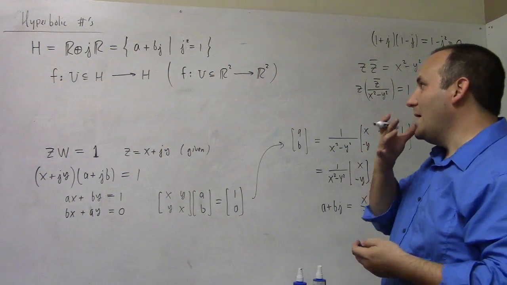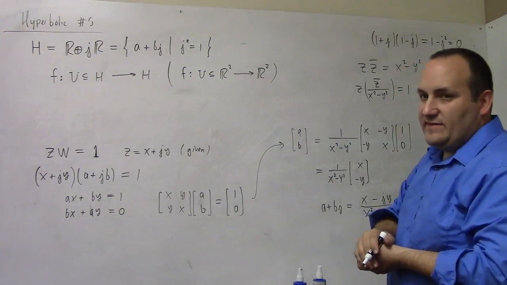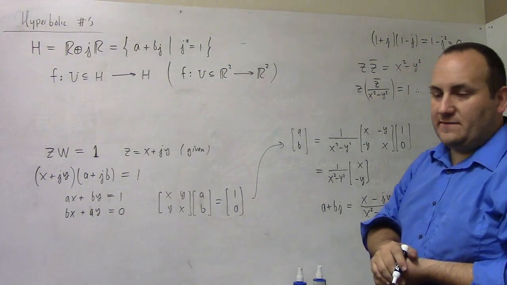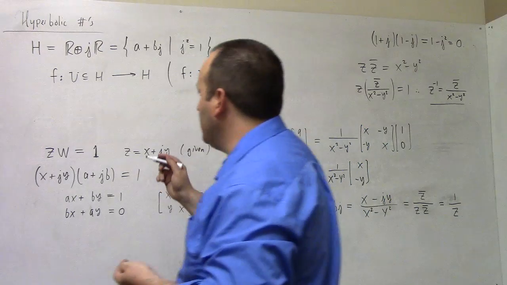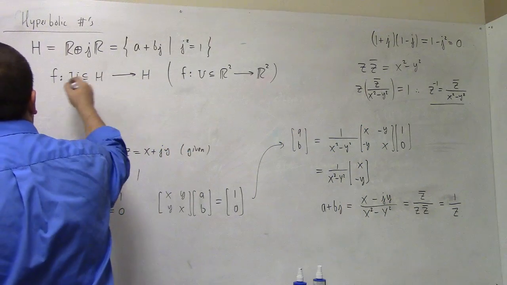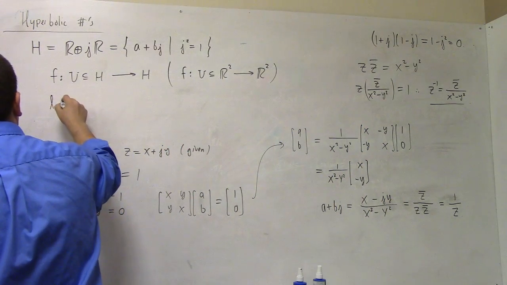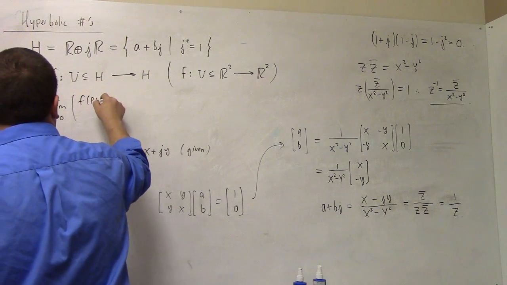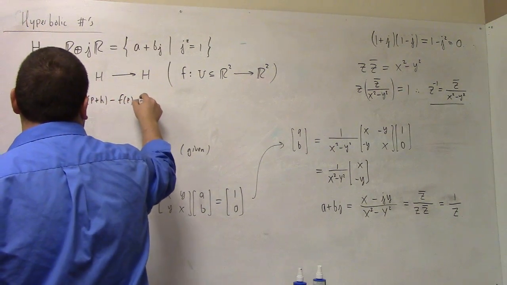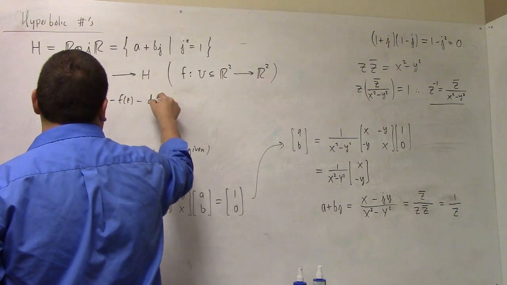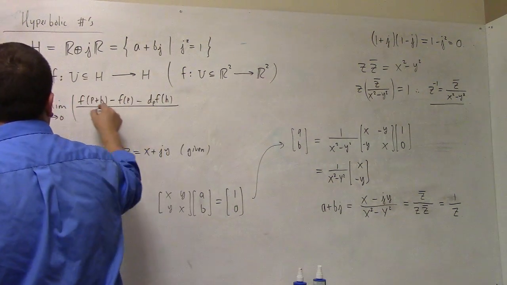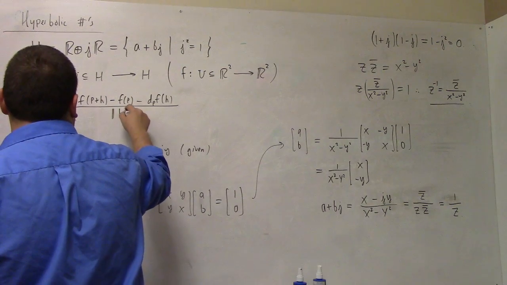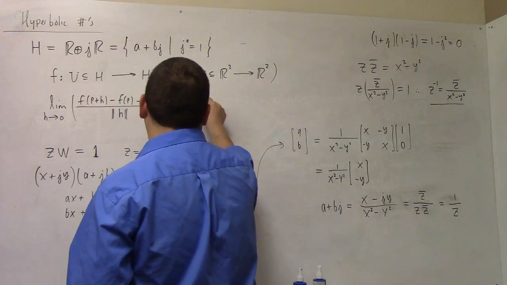All right, so to say that f is differentiable is to say the limit as h goes to 0 of f of p plus h minus f of p minus the differential at p of f acting on h, over the norm of h, is equal to 0.